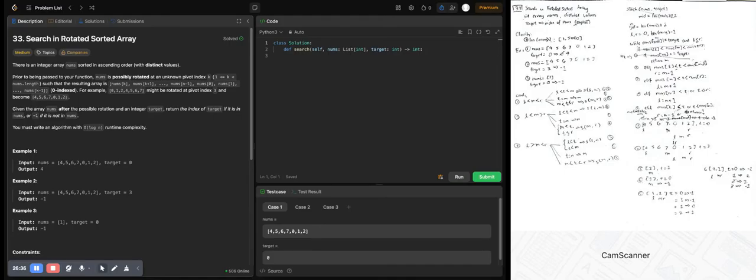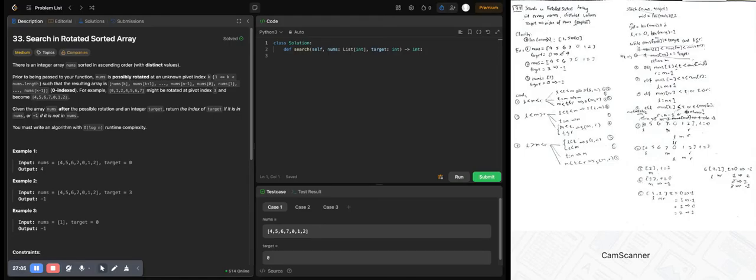Now the second condition will satisfy where the left hand side is sorted, and we are gonna check the left hand side.